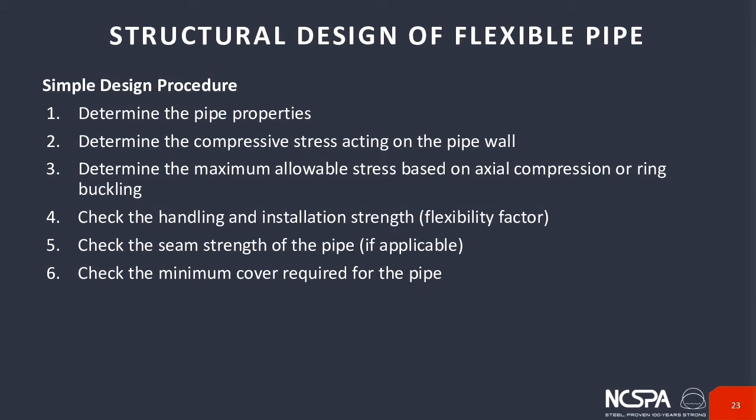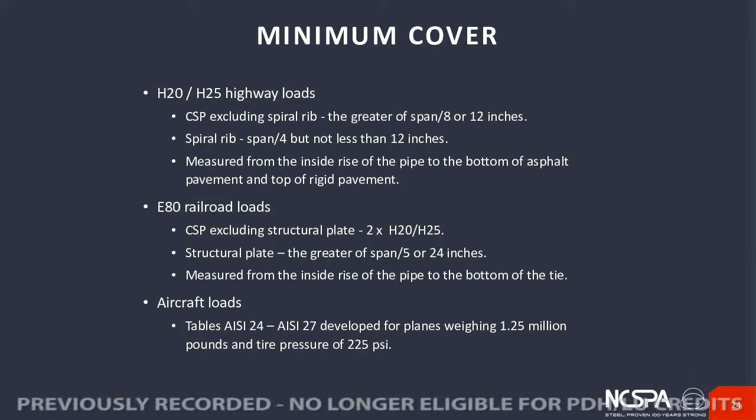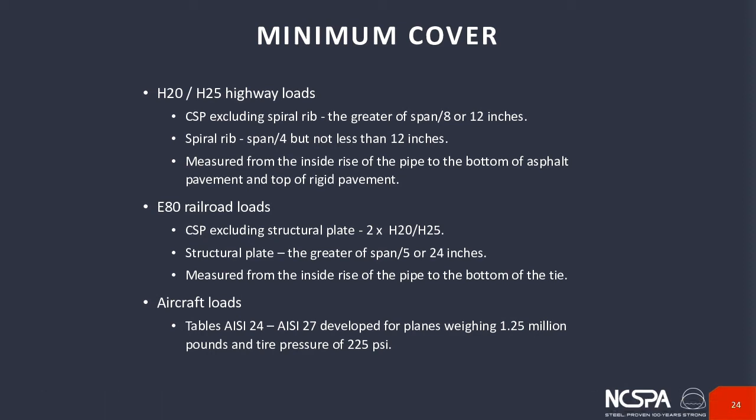And then we also want to check the minimum cover required for the pipe. The minimum cover is again provided by the design methodology, and it does depend on what the loads are that are being imparted on it. Essentially, for the corrugated steel pipe industry, for standard highway loads, the minimum cover is the span divided by 8, no less than 1 foot.